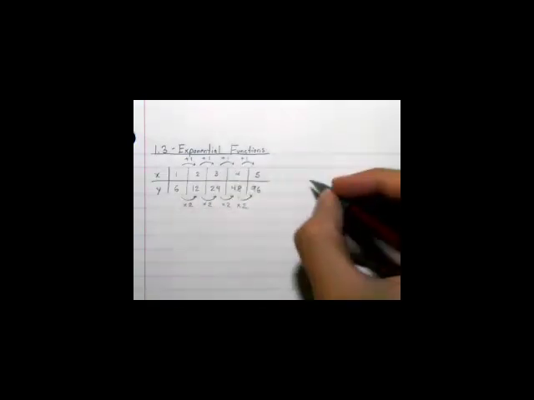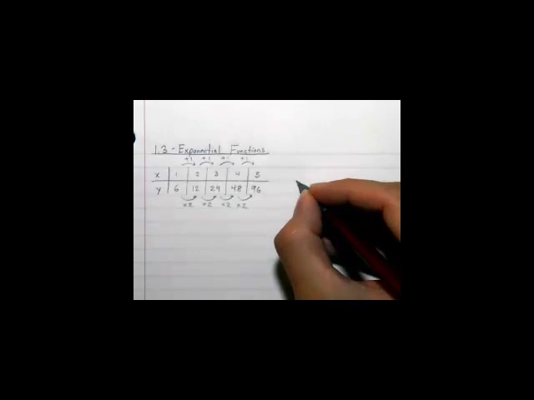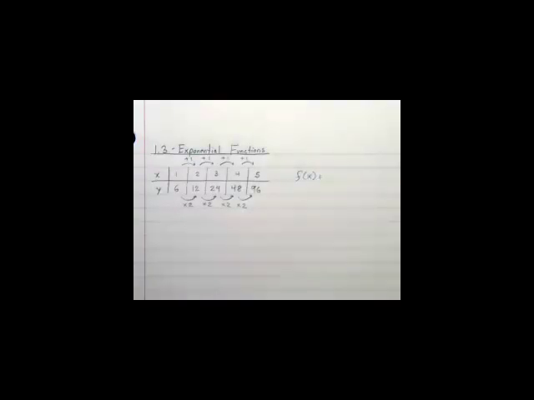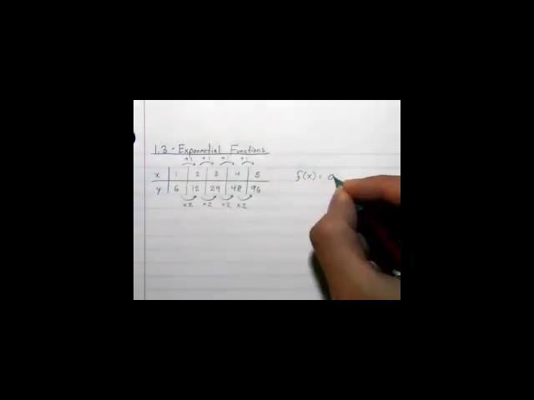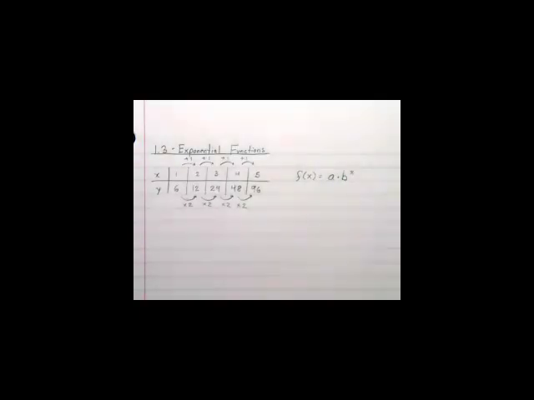Okay? So if I was going to make an equation for this, or turn it into a function, exponentials are always going to be of the form a times b to the x.